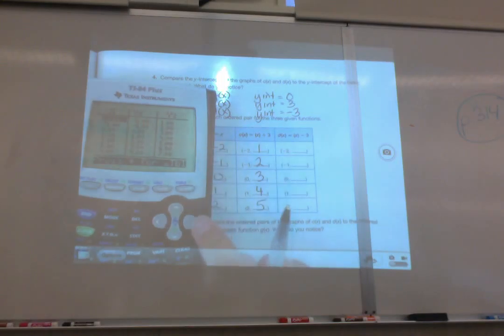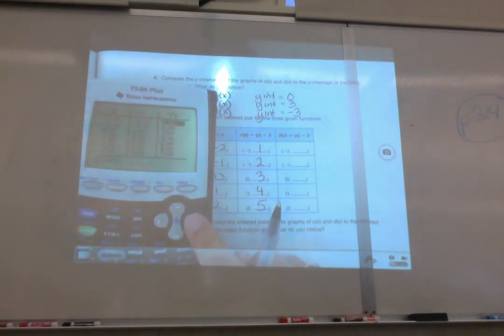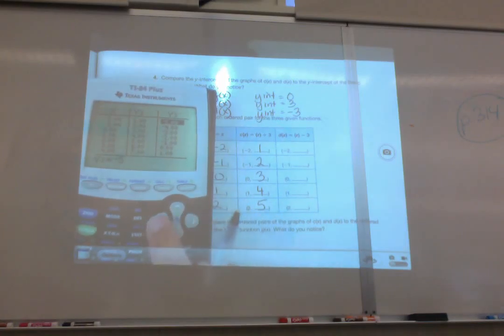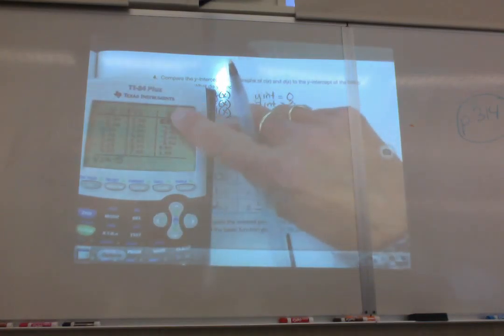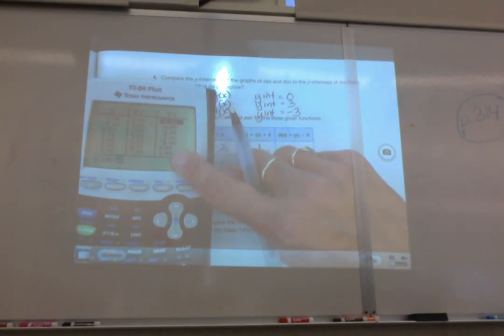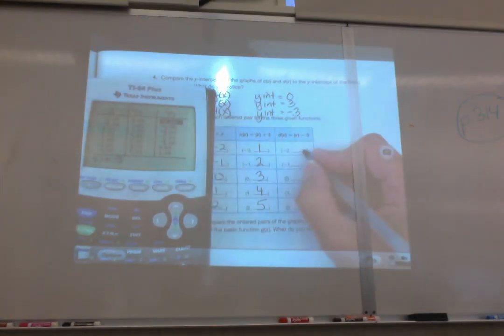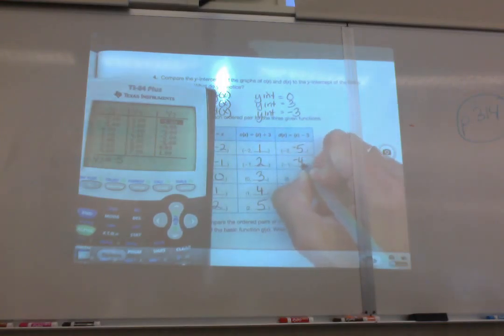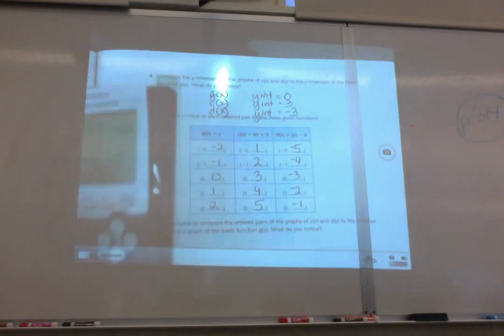Let's see what y3 is. There we go. I used my cursor button, these arrows right here, and I found the y3 column. That's going to be the values right here, right here, right here, and right here. Minus 5.